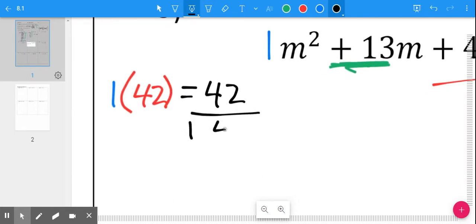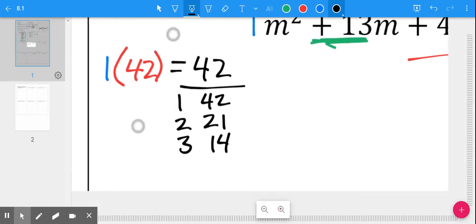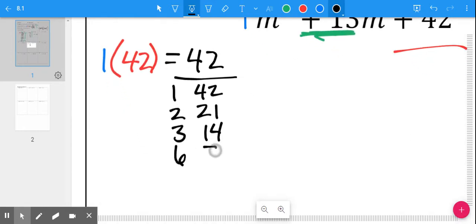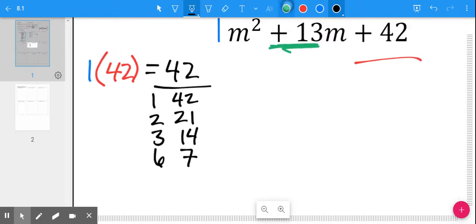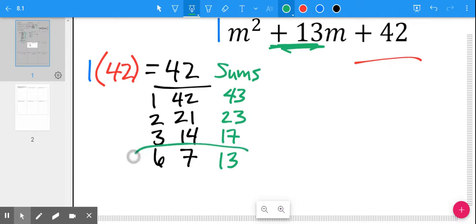So we have 1 times 42 makes 42. 2 times 21. 3 times 14, and 6 times 7. So when we look to see which ones have a sum of 13, 43, 23, 17, and there it is, our 13.